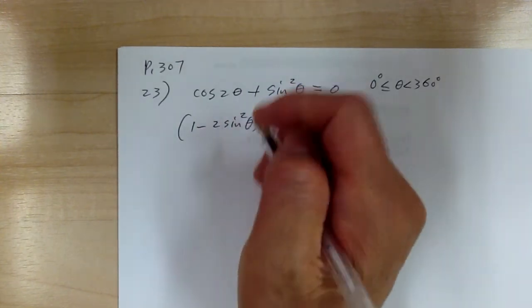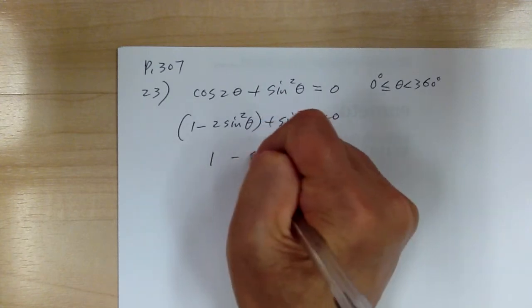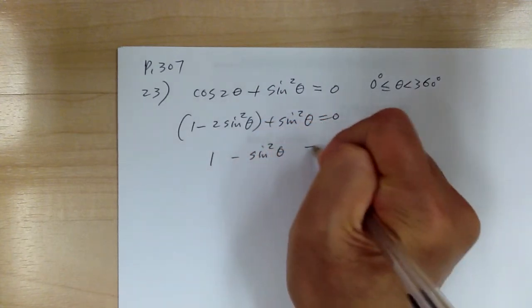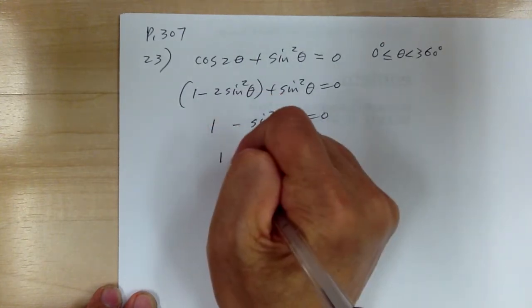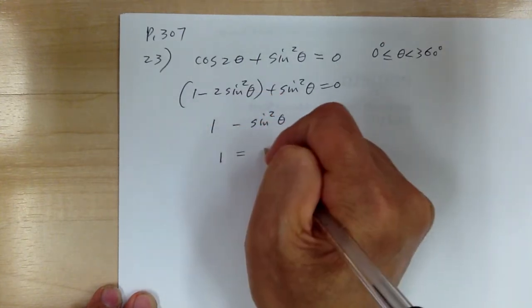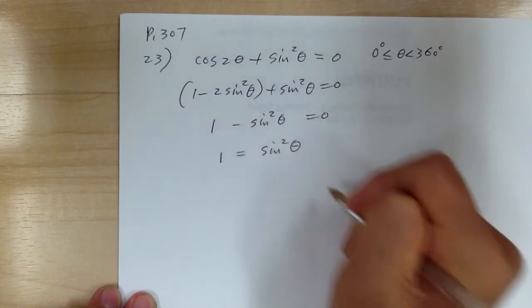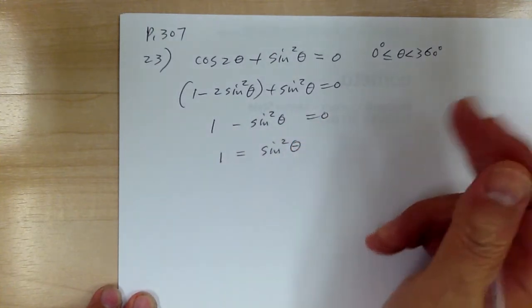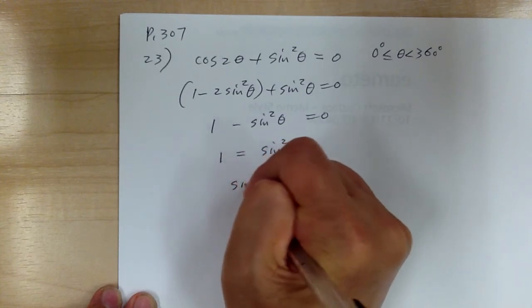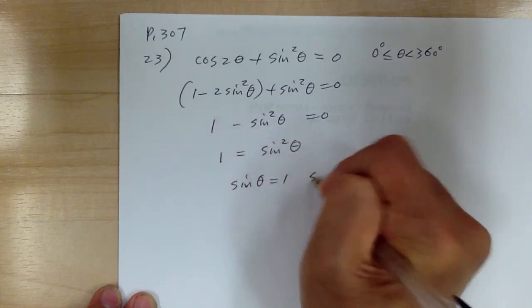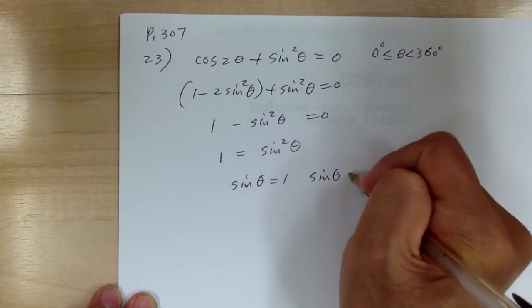So when you add this thing together, you're going to get 1 minus sine square theta equal to 0. And I'm going to move this over. So I got 1 equal to sine square theta. Then I'm going to take the square root on both sides. So I'm going to get sine theta equal to 1. I separate the plus from the minus.